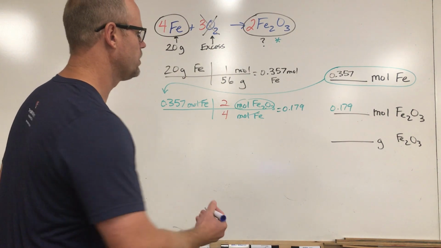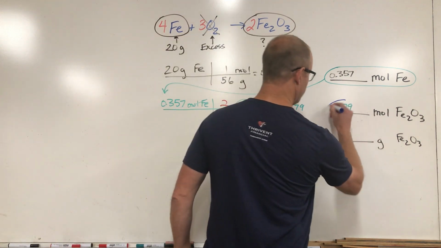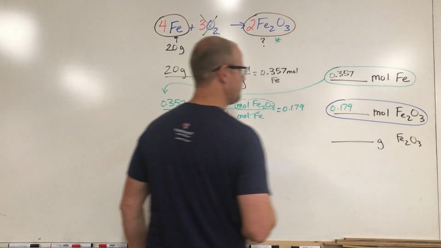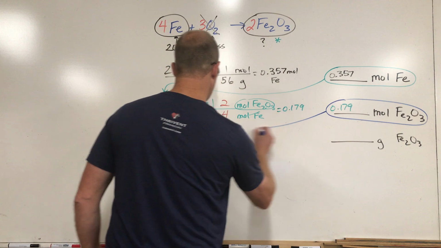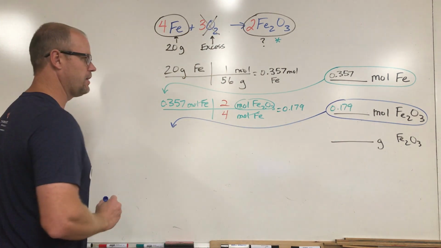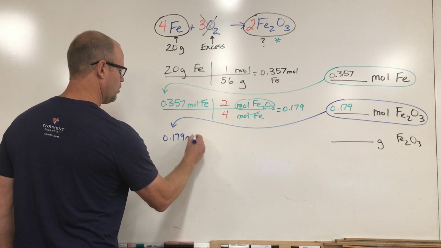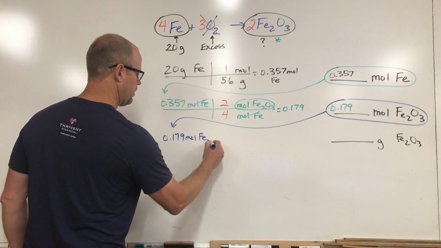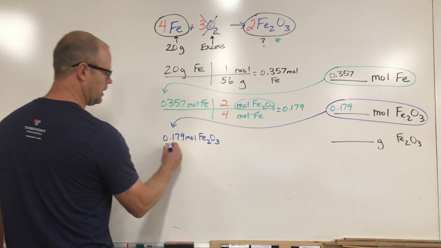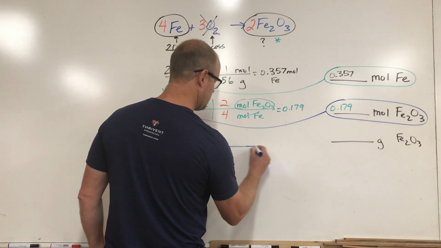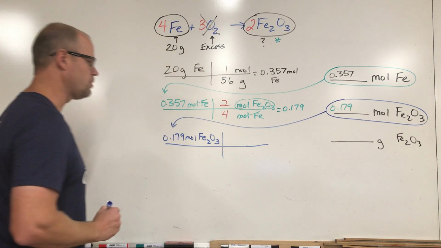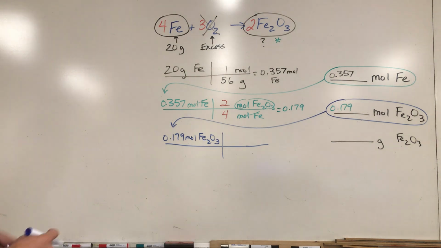in a lab. So I'm going to take this stuff right here, 0.179 moles of iron oxide, and I'm going to begin with that. 0.179 moles iron oxide. It's really important that you label your amounts accurately so that you don't get mixed up on what number something might represent.